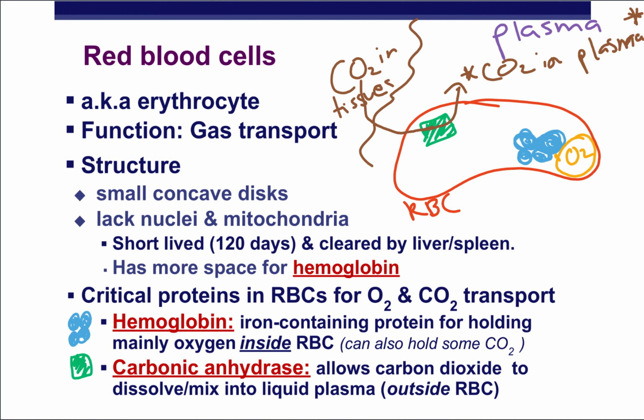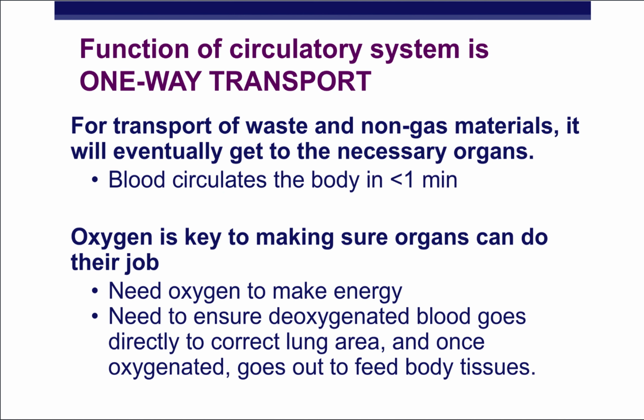Okay? And just imagine CO2 is in tissues, and then this region over here is like the artery or vein or capillary. So the key here is we need our blood to transport your waste and non-gas materials so they can flow through the organs.